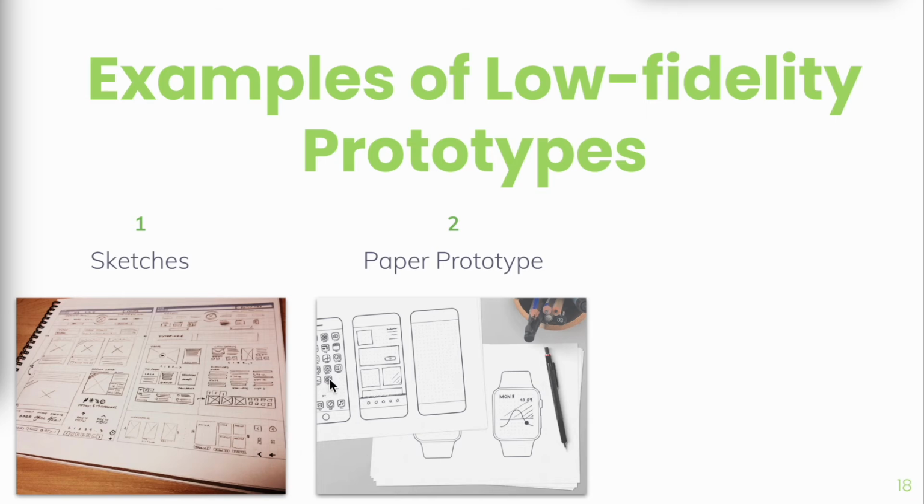While you'll often draw sketches freehand, paper prototypes typically involve using stencils and cardboard to create more substantial, detailed mock-ups of various web pages or application screens for use during usability testing.